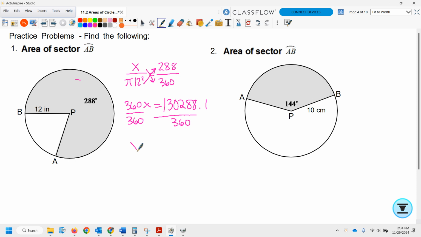X is equal to 361.9 units squared, because it's area of a sector. Area is always units squared.